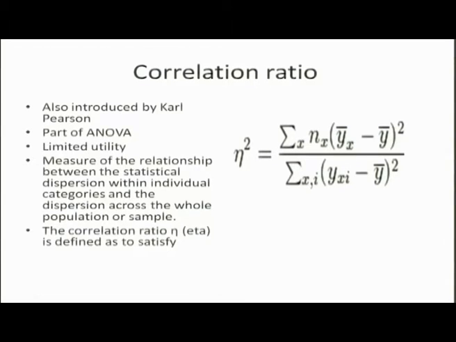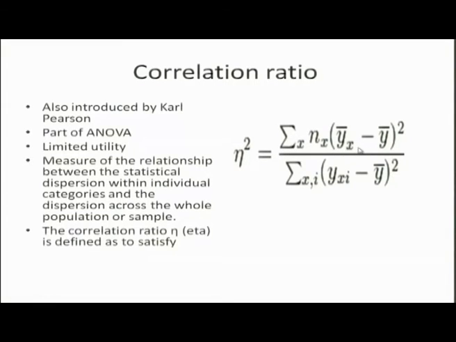Sometimes you have non-linear relationships or means of the dependent variable are given for different categories of x. So, you calculate the correlation ratio, the square of the correlation ratio, eta square.